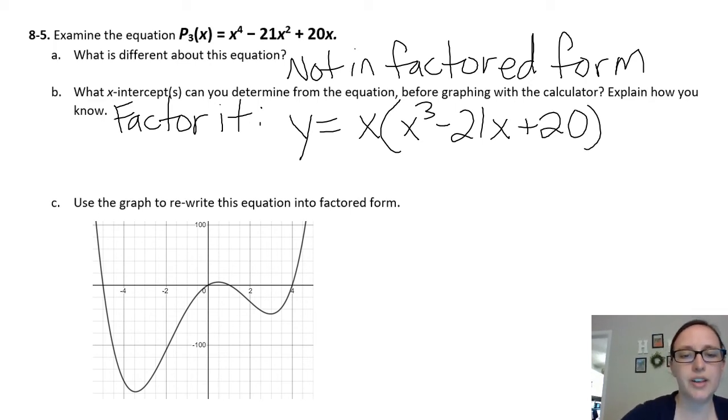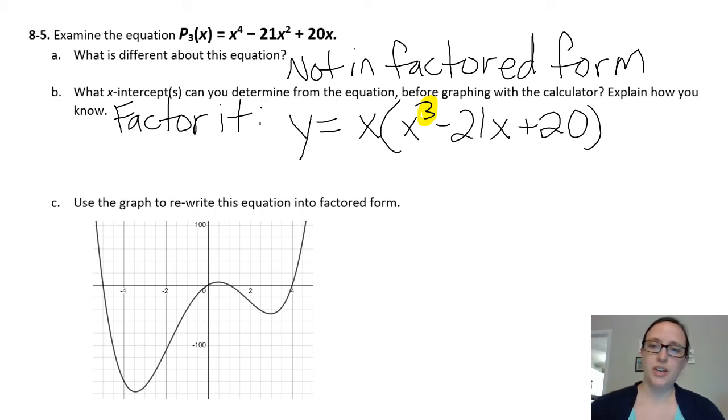All right, and we cannot factor that anymore because the exponent is 3 in the front, and we can factor a 2. We would just figure out what 2 numbers multiply to 20 and add to negative 21. But since that's a 3, we can't do any more, at least with our knowledge right now.